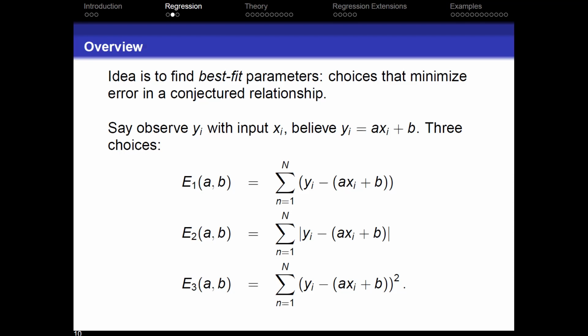The line going from bottom left to top right. I, however, say the best fit line starts at the top left and goes down to the bottom right. And the reason is the errors of the two sides are going to perfectly cancel, and that will also have zero error. So if we have the first expression, the errors are signed and positive and negative errors can cancel. So the first is just right out.